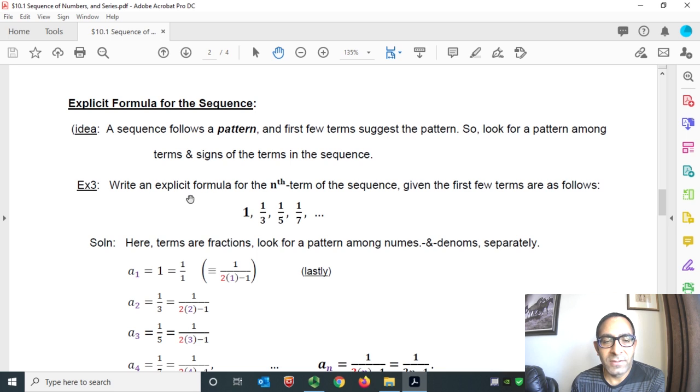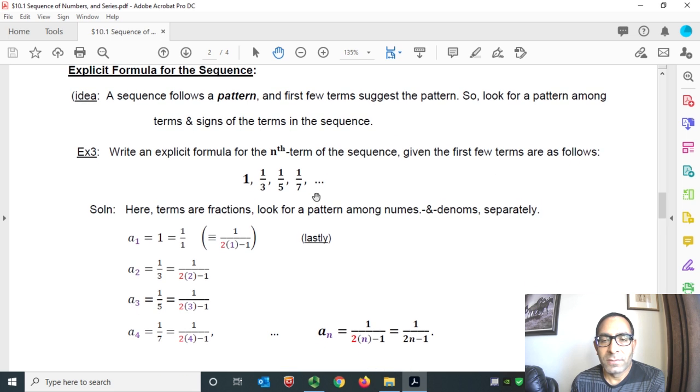Write an explicit formula for the nth term of the sequence, given the first few terms are as follows: 1, 1/3, 1/5, 1/7, dot dot dot. So here our denominators are odd numbers, increasing odd numbers. Here 1/1, next 1/3, next 1/5, next 1/7, dot dot dot. So let's find the nth term with this pattern.